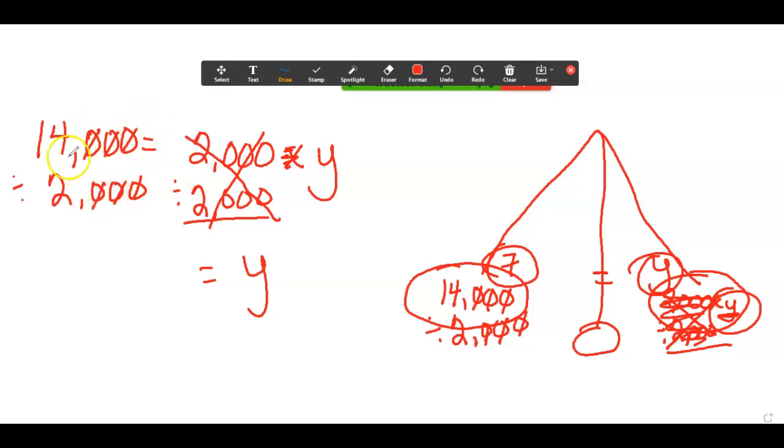And 14 divided by 2 is 7. And again, I can check that by checking, is 2,000 times 7 14,000? Yes, it is, because 7 times 2 is 14, and there's 1, 2, 3 zeros afterwards.